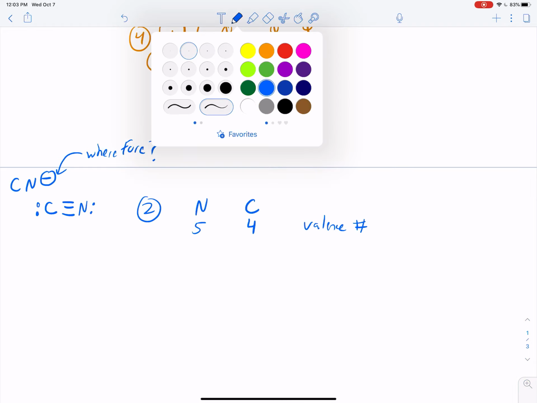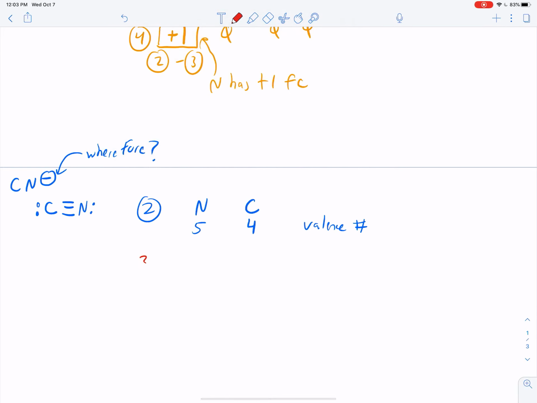Next, switch colors, and we are going to sum up the number of bonds plus the number of non-bonded electrons. For the nitrogen atom, there are 3 bonds plus 2 non-bonded electrons, which gets me to 5. Just to be clear, that's 1, 2, 3, 4, 5. Each electron in the lone pair counts as a free electron.